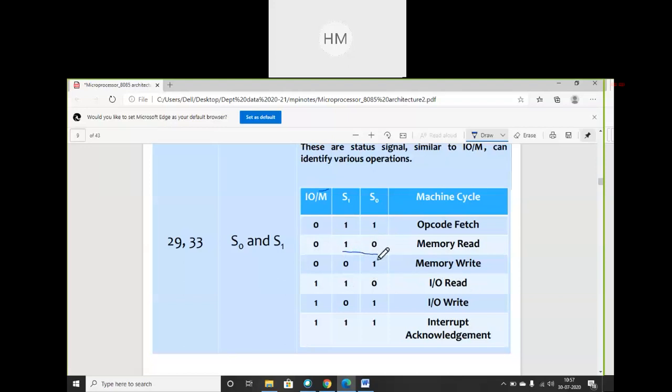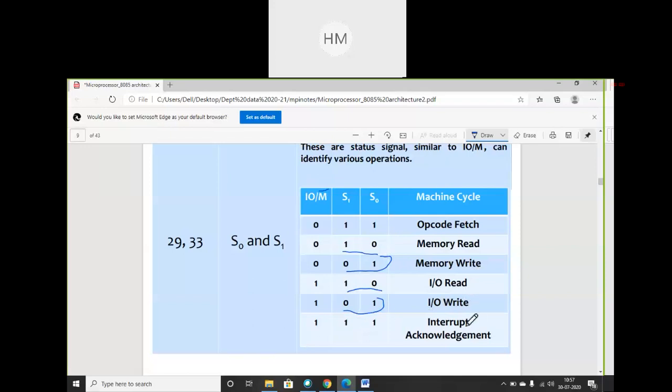S1 S0 is 10. For read, S1 S0 is 10. That won't change. Okay. When it is 1, that means it is input output read. Again 0 1 is for write operation. So the first one was my memory write, the second one is IO write.